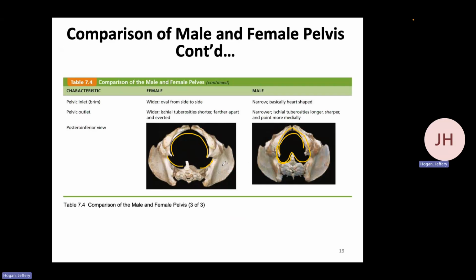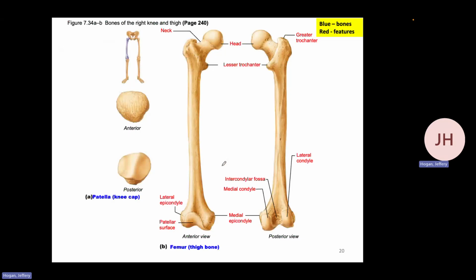So, right, be able to be specific and name two major differences. If you just say wider and narrower, right? Well, what is wider? The acetabula are farther apart in the female and closer together in the male. That is one difference, right?